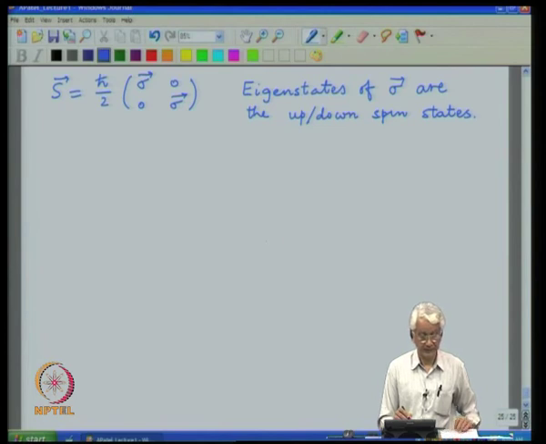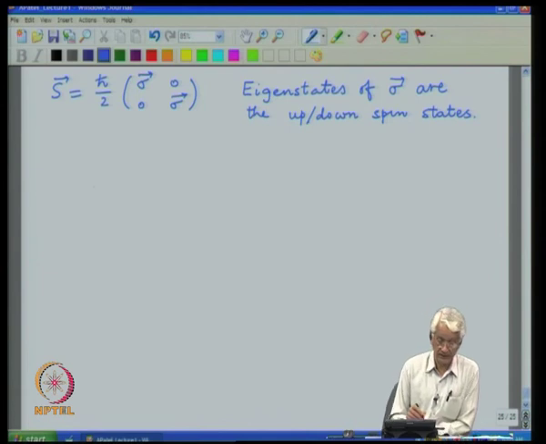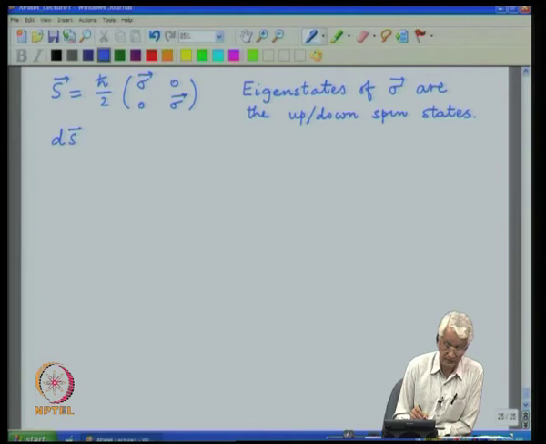To see that this indeed does the required job, we can again calculate some simple commutators.